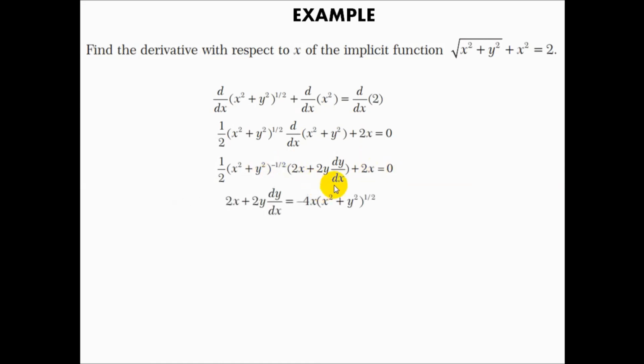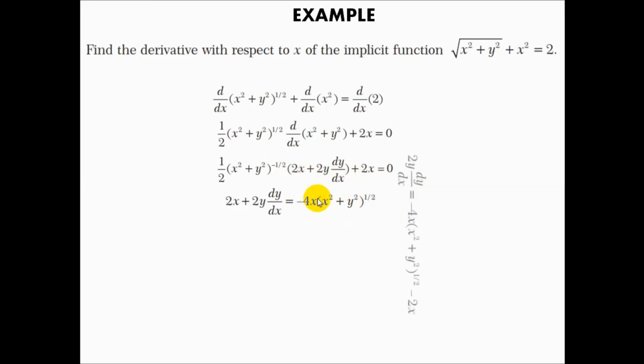And then we can take 2x plus 2y times dy over dx in here, and 2x and half times x squared plus y squared to the power of minus half on the other side. So we can get this function.